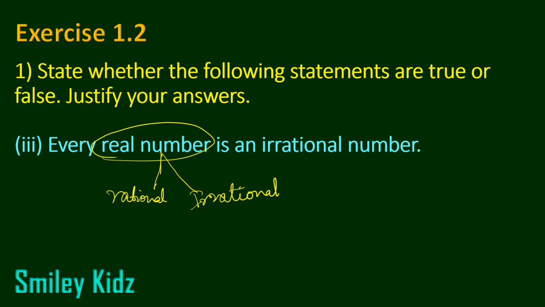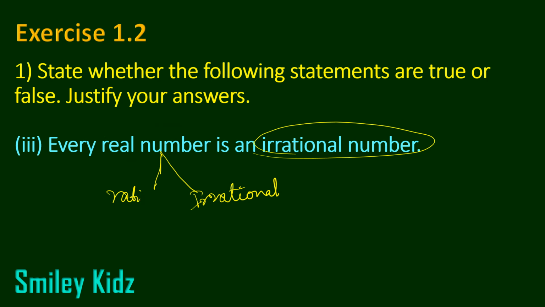What are irrational numbers? The numbers which cannot be expressed in the form of p by q. But here they said that every real number is an irrational number. We know that real numbers also consist of rational numbers. Rational numbers cannot be irrational numbers, right? So every real number cannot be an irrational number. Whereas every irrational number can be a real number.